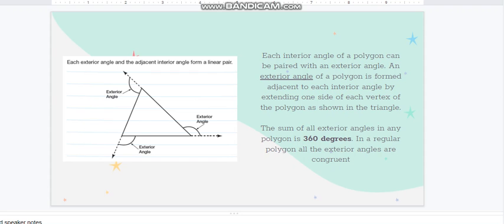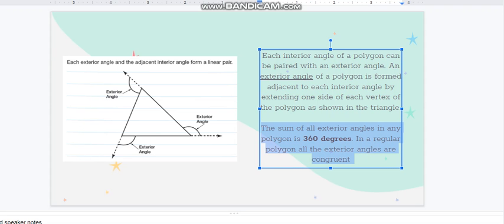And this is telling you right here, it says that the sum of all exterior angles in any polygon, regular or irregular, the sum of all of these angles is 360. In a regular polygon, all the exterior angles are congruent. If all the interior angles are congruent, all the exterior angles are going to be congruent.